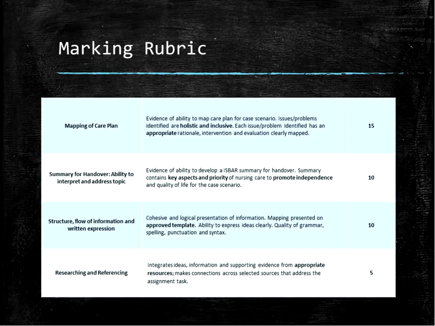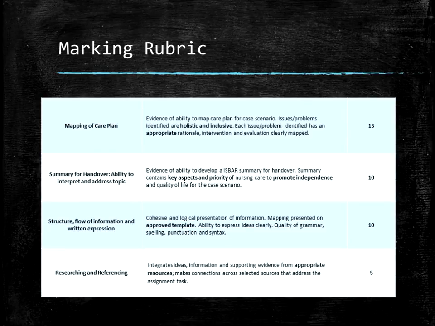Okay. So the marking rubric. Super exciting information, isn't it? Yeah, you can get 15 marks for the quality of the things that you identify in the care plan. 15 marks. That's amazing. Please make sure that they are holistic, so not just talking about osteoarthritis, but talking about osteoarthritis as it relates to Mr. Lee.